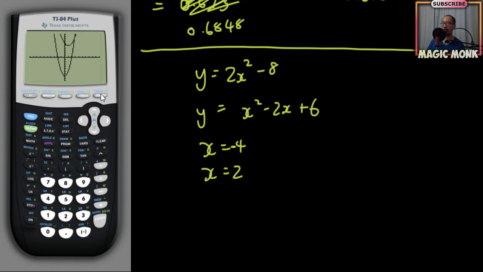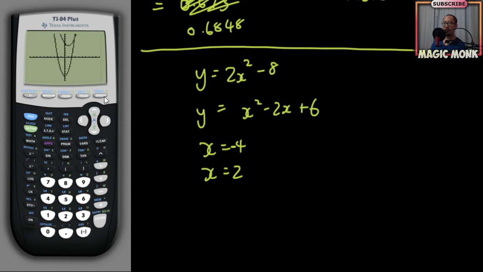Okay, so I can see the two curves: 2x squared minus 8, and x squared minus 2x plus 6. It's sort of not very obvious.